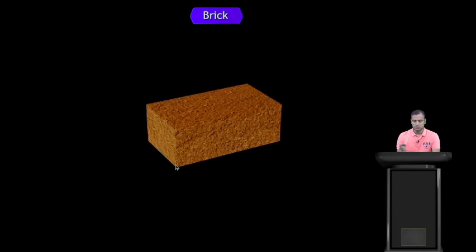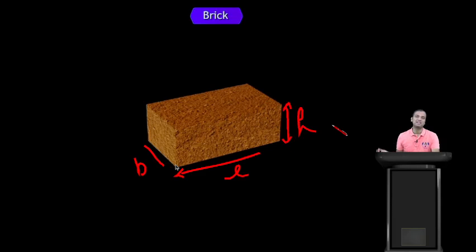We can say it has length, breadth and height. What do we call this one? Yes, it is called a cuboid. You know what a cuboid is? It is one in which length, breadth and height are not the same. So it is called a cuboid.